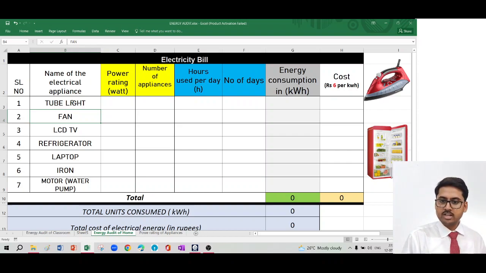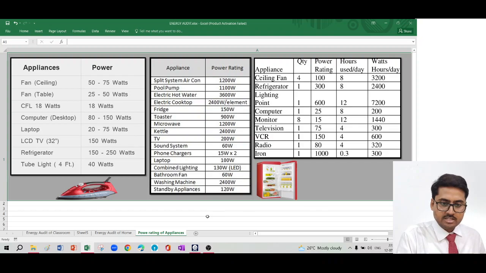So let us find out the power rating of these appliances. In this table I have the list of some of the appliances and the power rating. For example, the power rating of fan is 50 to 75 watts. It can also be 75 to 100 watts.